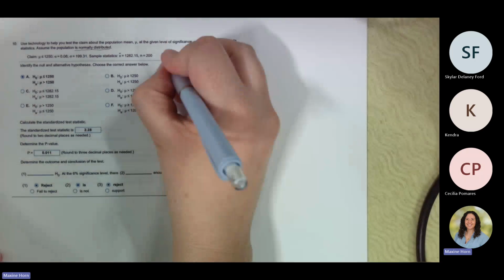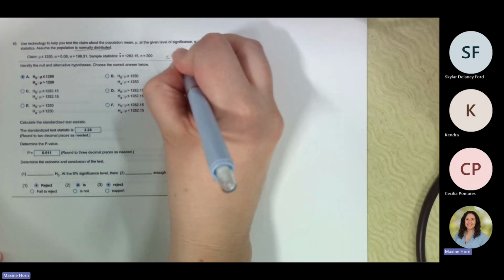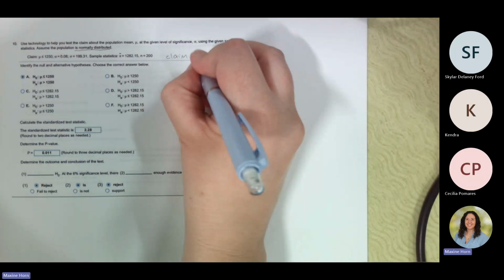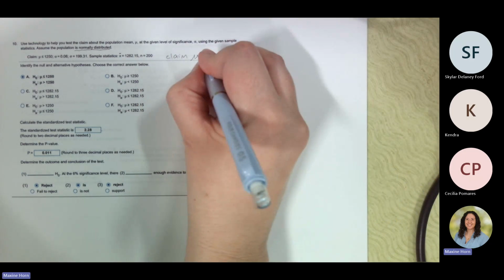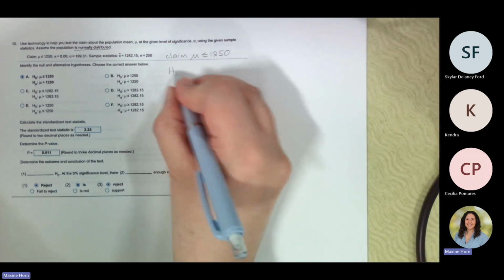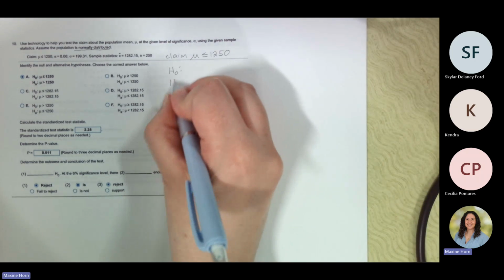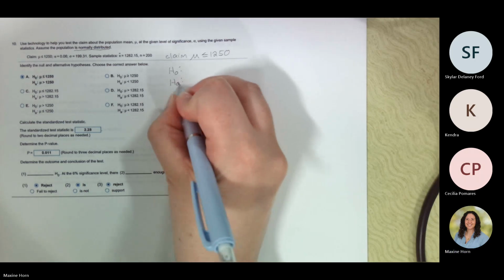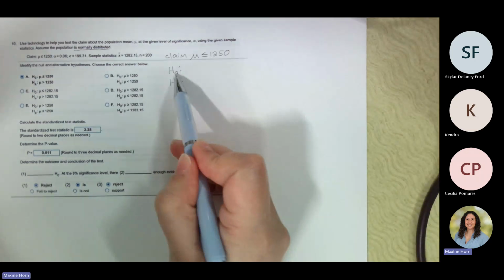We're going to say, okay, what's the claim? And that's where we're starting. The claim is that our population mean is less than or equal to 1250. We're going to figure out if our claim is a null hypothesis or an alternative hypothesis. The null hypothesis always has some type of equality. The alternative hypothesis is always a strict inequality.